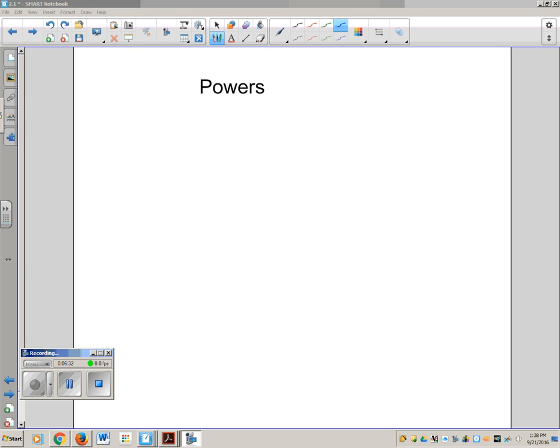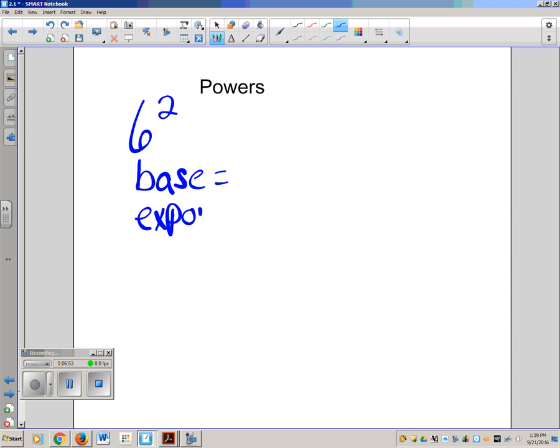In your notebook, write the word powers. Let's start with 6 to the second power. Underneath 6, I want you to write base equals, exponent equals.